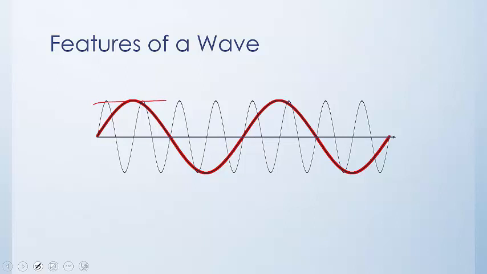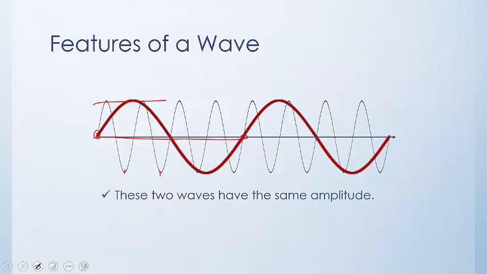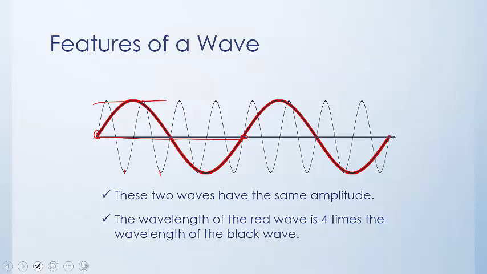But they have much different wavelengths. Notice the red wave completes a wave cycle in this distance here, say from here to here, whereas the wavelength of the blue wave is a much shorter distance. So the 2 waves have the same amplitude, but they have much different wavelengths.